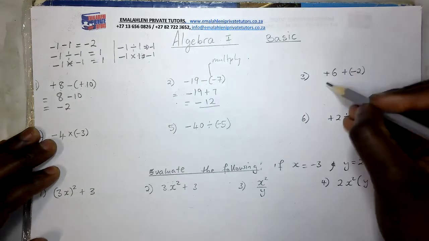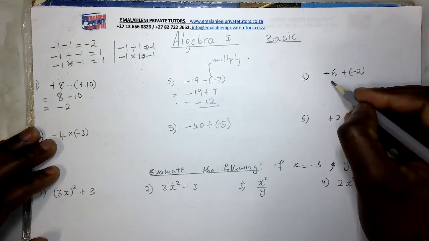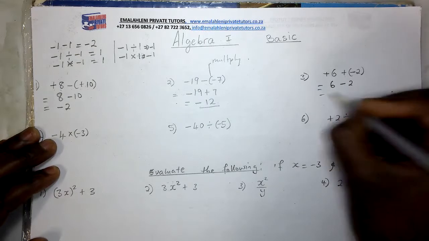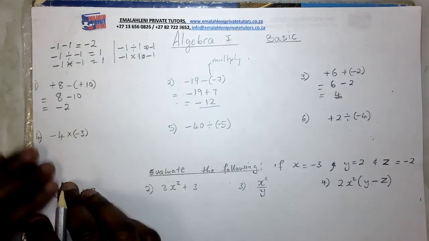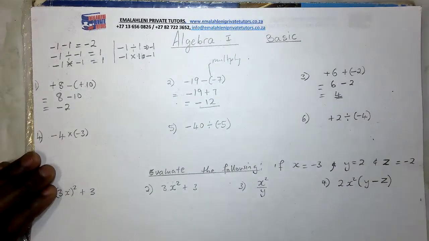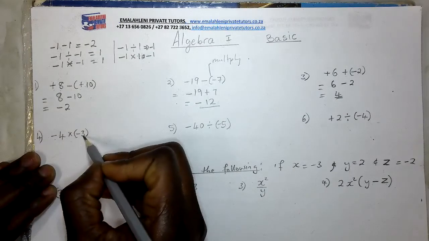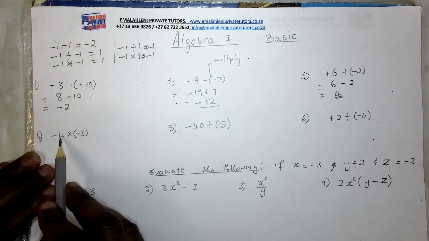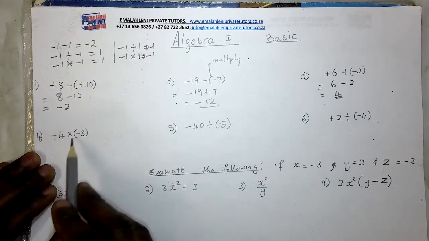Then if we have plus minus, we know what happens when we have plus minus. 6 minus 2, what do we have? We have 4. Okay, then again here, when we are multiplying, minus 4 times negative 3, we are multiplying minus times minus.